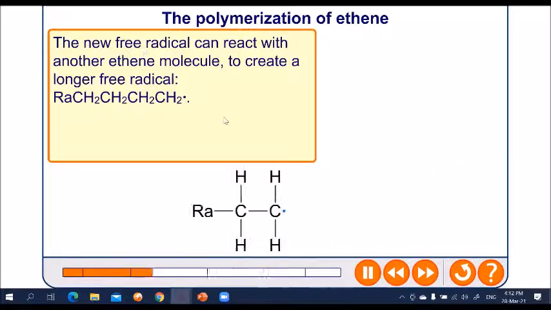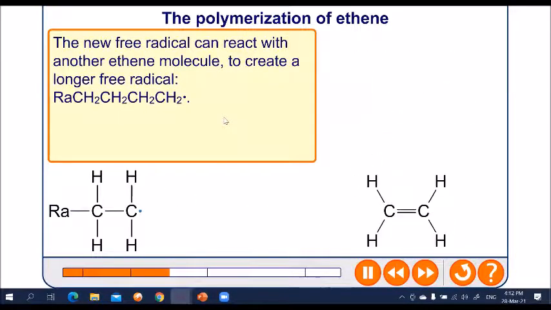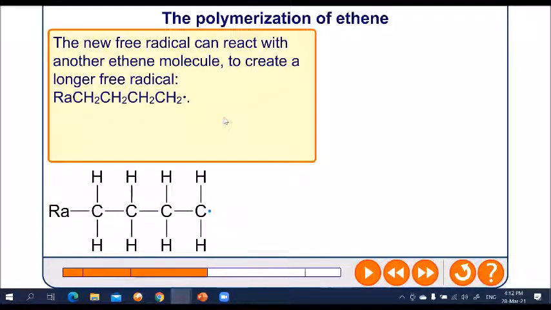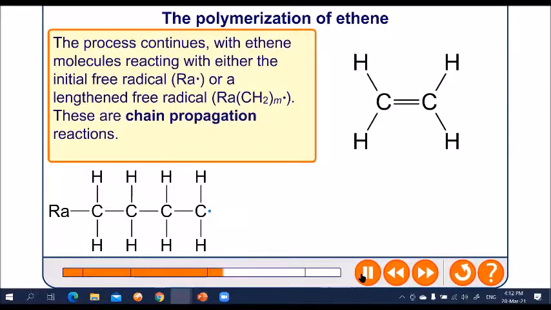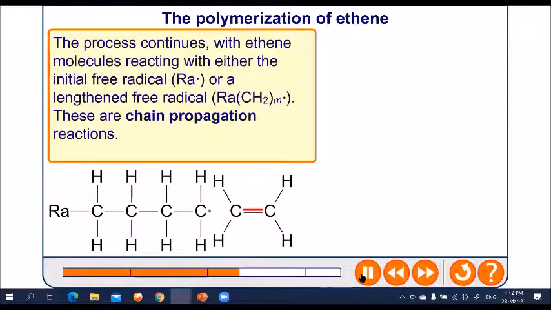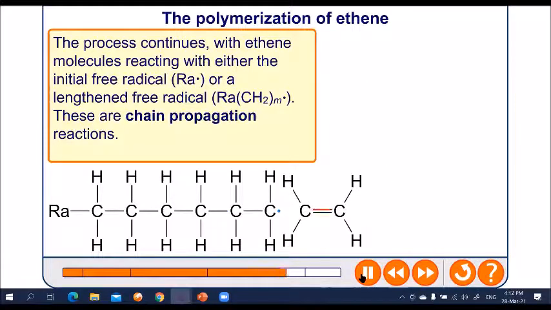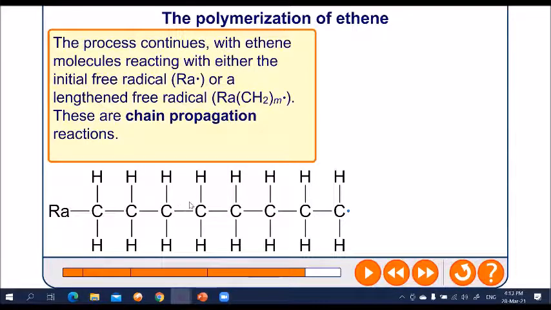Then a new free radical can react with another ethene molecule to create a longer free radical. You don't really see in the textbook how the chain starts, the repeat of the different units. This goes again, so it just repeats itself over and over for each monomer that keeps getting broken like this, being a free radical that joins back to the rest of the larger polymer.